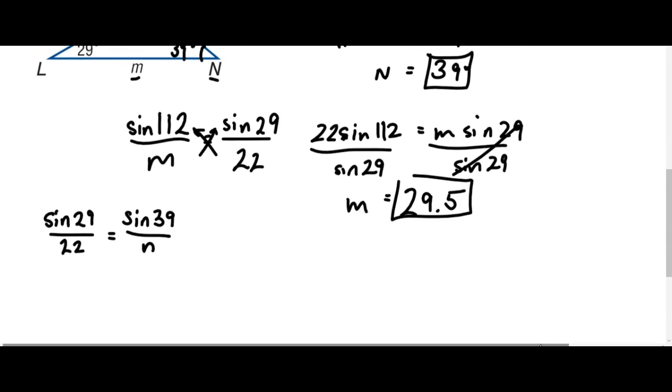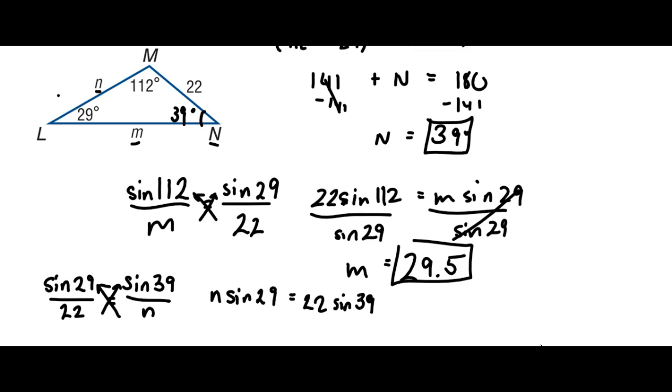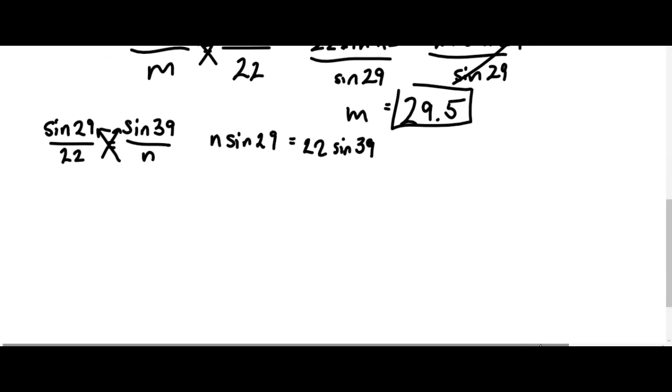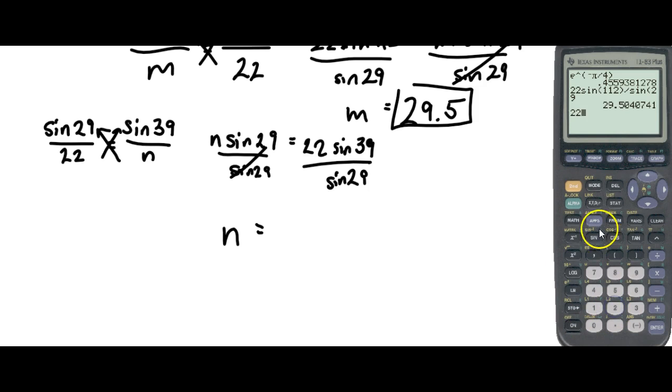When I cross multiply those, I get n sine of 29 is equal to 22 sine of 39. So then to solve for n, I'll divide both sides by sine of 29. So I get that n is equal to 22 sine of 39 over sine of 29.